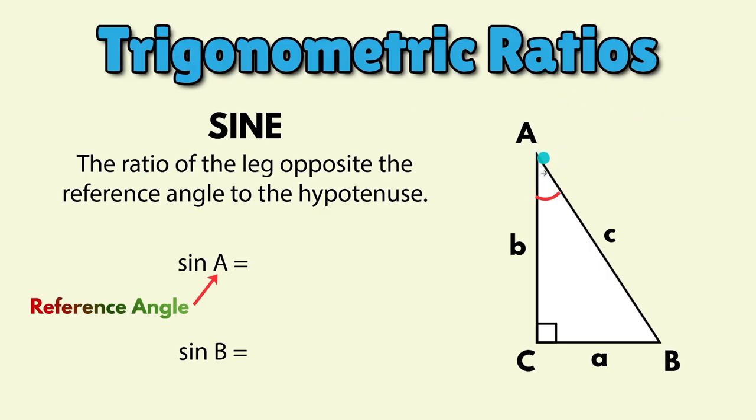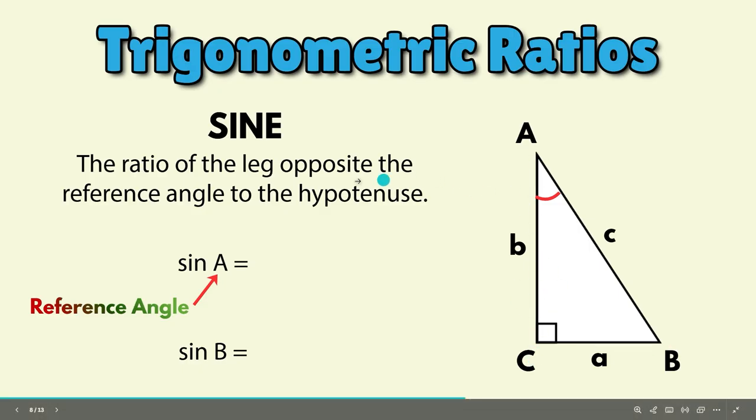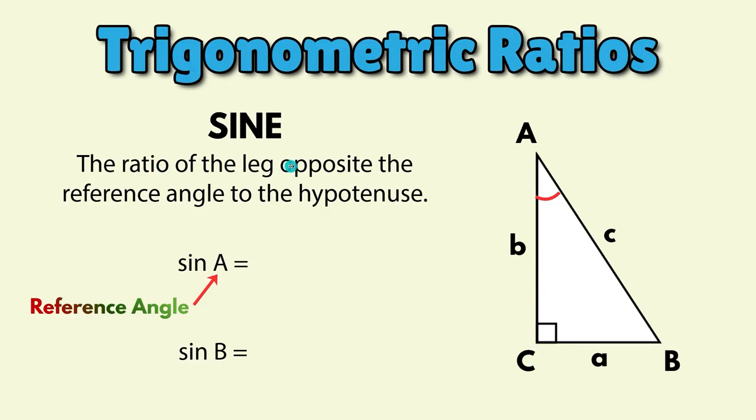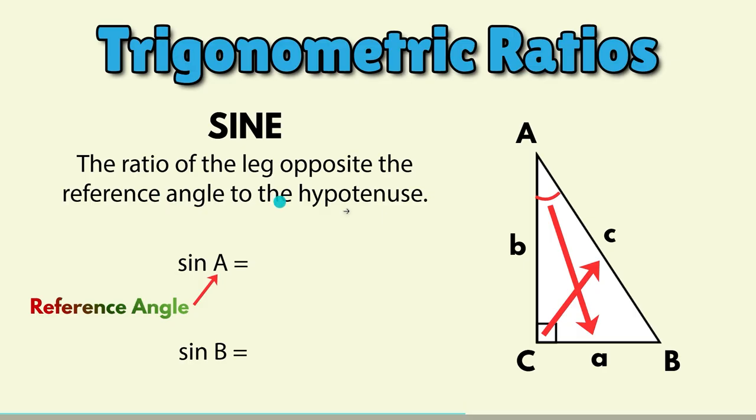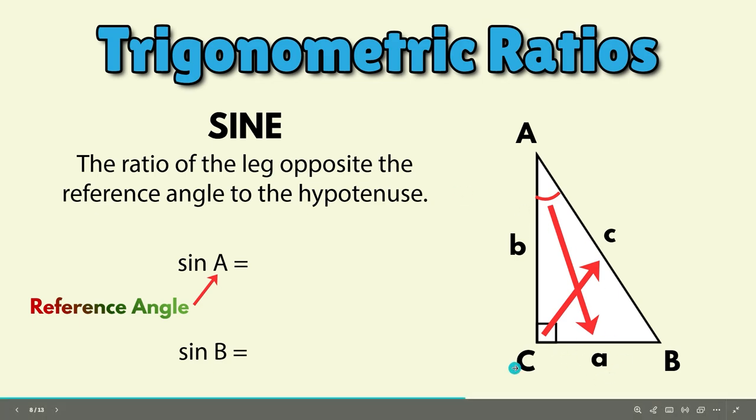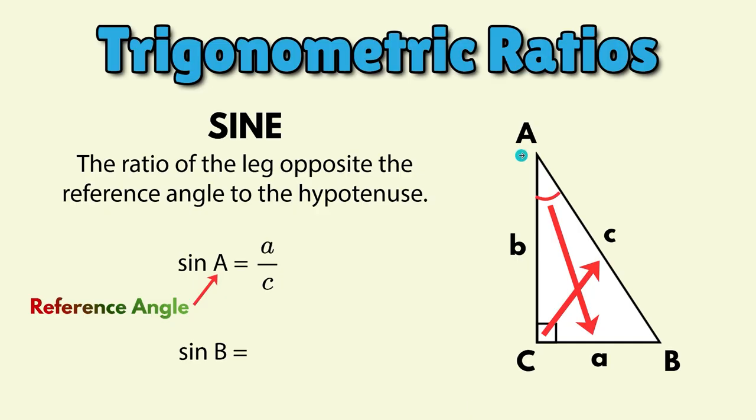And remember, we have two legs in a right triangle, so we have to have a way to differentiate them, because we want the leg that is opposite the reference angle. In this case, lowercase a is the leg opposite that reference angle, to the hypotenuse, always opposite the right angle, so that's going to be c. So our ratio of the leg opposite A to the hypotenuse c will be a over c.